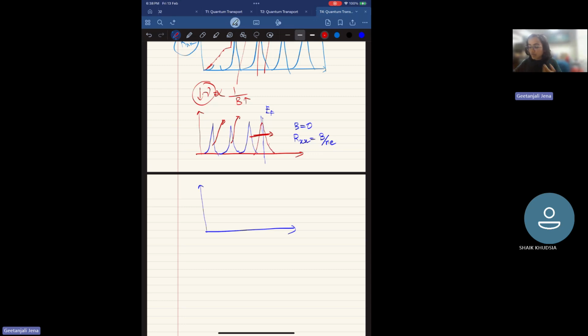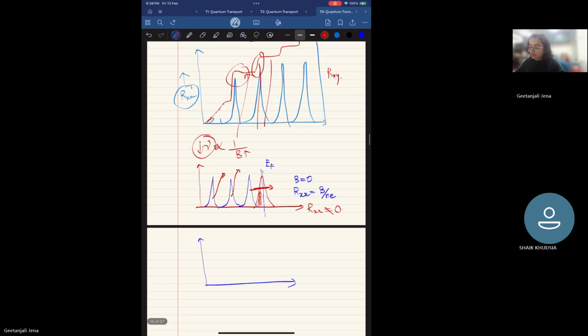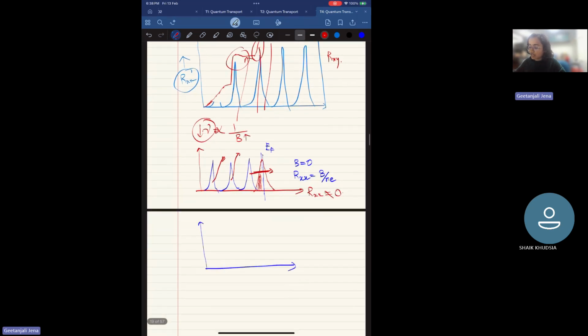For that case, some of the states will be empty and some of the states will be occupied. So what will happen now? We'll see an Rxx which is not equal to 0, because this is what we call the SdH oscillation.